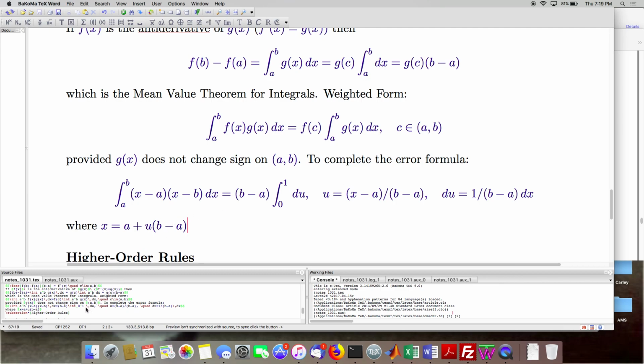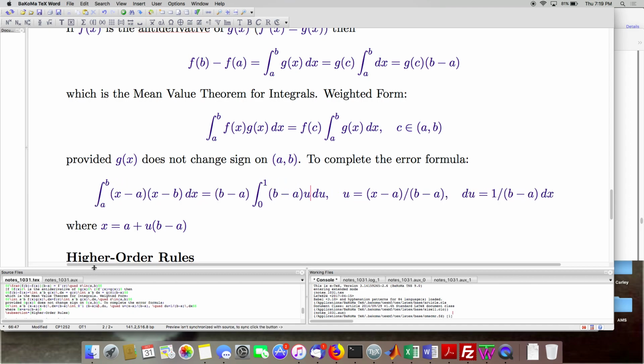So by integrand, which I still have yet to fill in, x minus a is just going to be u times b minus a. So I'm going to have u times b. And then x minus b, okay, I'm going to fill that in here.